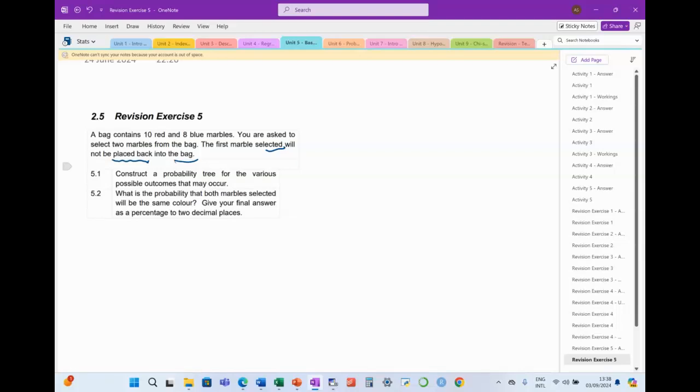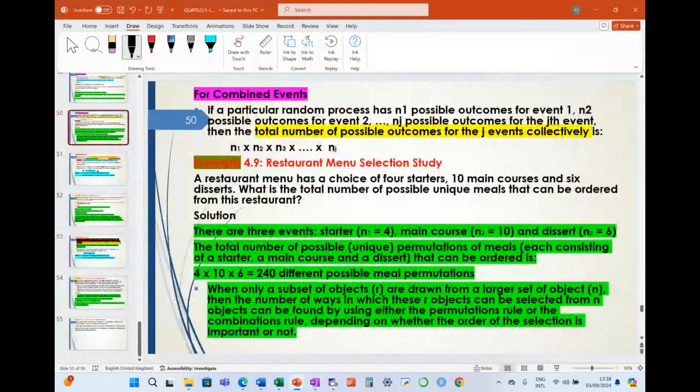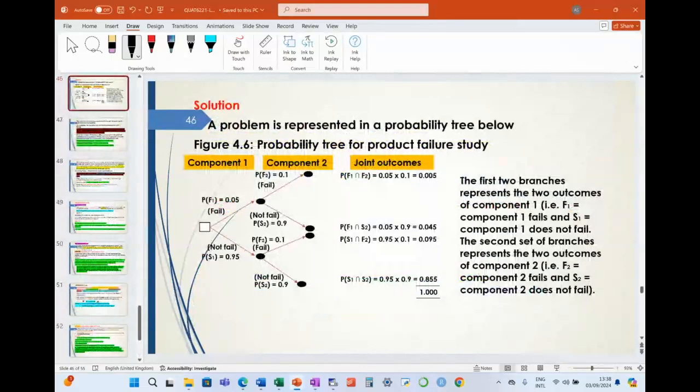Remember we said probability trees are things that we use in order to see the sequence of certain events. Remember we looked at this when we were talking about 2 components, what's the probability that this product fails?